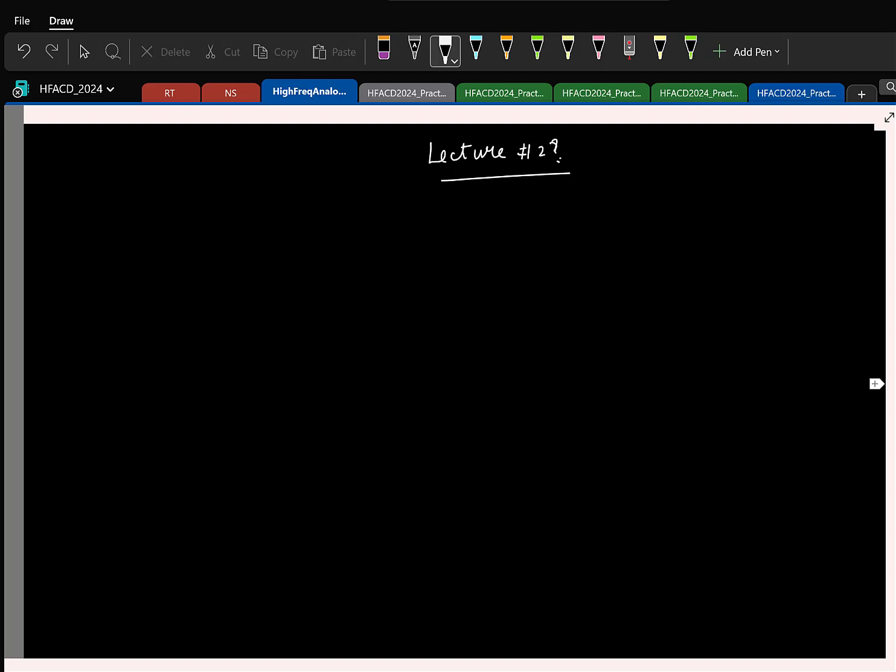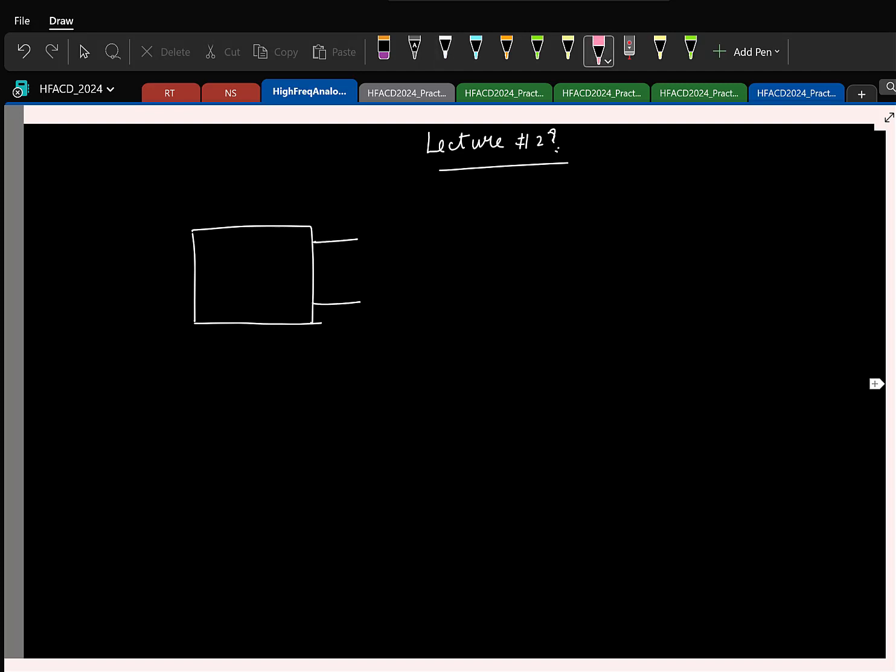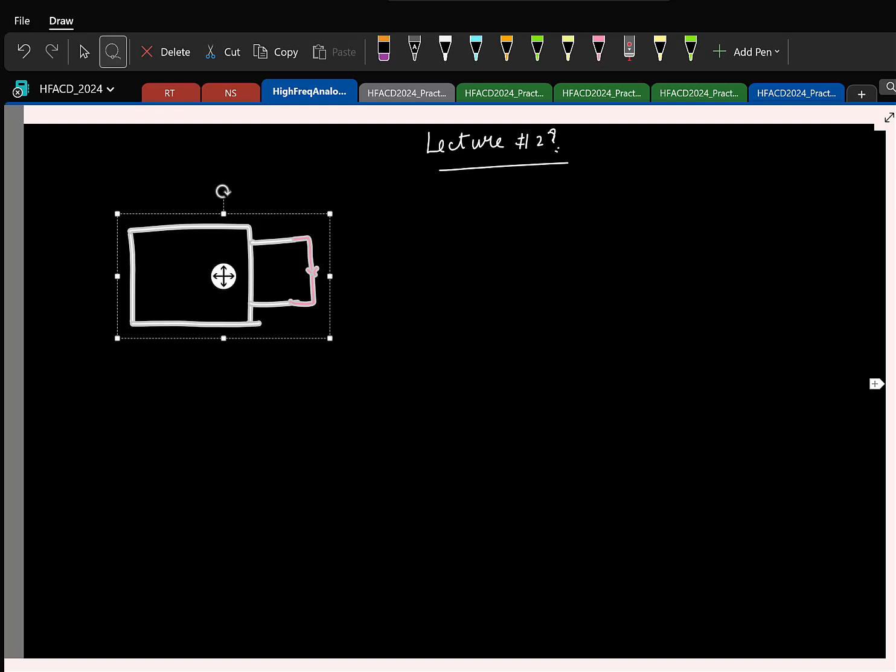Okay, so we have been looking at noise. Let me summarize some of the takeaways from last class discussion. We saw that if we have a linear two-port network, the noise generated in this network in the output open circuit voltage or output short circuit current can be modeled using the notion of input referred noise.